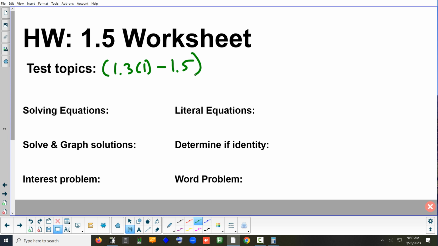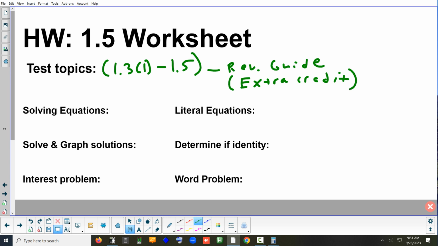If you want to do the review guide, you can, and you can use the review guide on the test, but the review guide is going to be extra credit. So the homework is the 1.5 worksheet, but the review guide is extra credit if you want to do it.